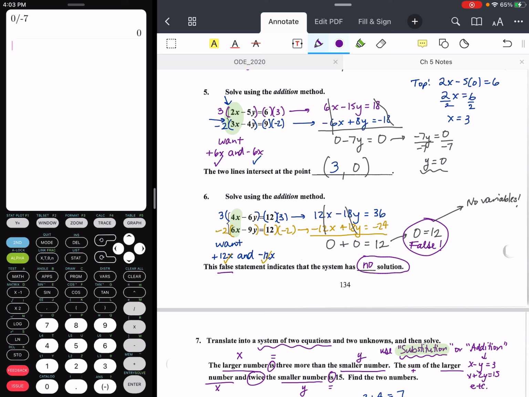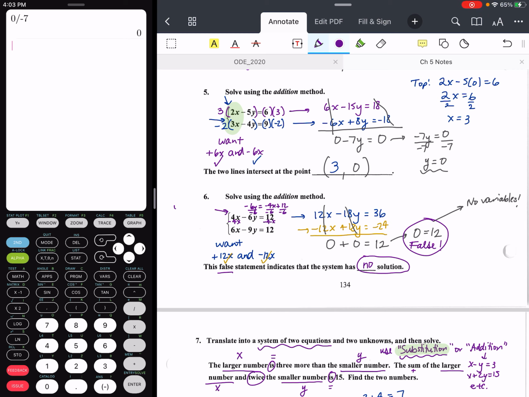No solution. So graphically, what does this mean? So let me just erase this part so we can take a look at our original equations. So if I were to solve both of these for y, for example, if I solve my first equation for y, first I'd subtract negative 4x from both sides, and I have negative 6y equals negative 4x plus 12, divide by negative 6 all the way across.